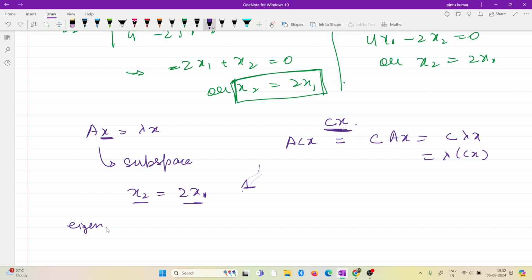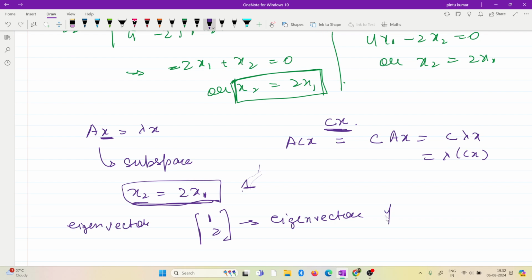For example, if I take x1 to be 1, then x2 becomes 2. So this is an eigenvector because it satisfies this property. This is an eigenvector for lambda equal to 3.